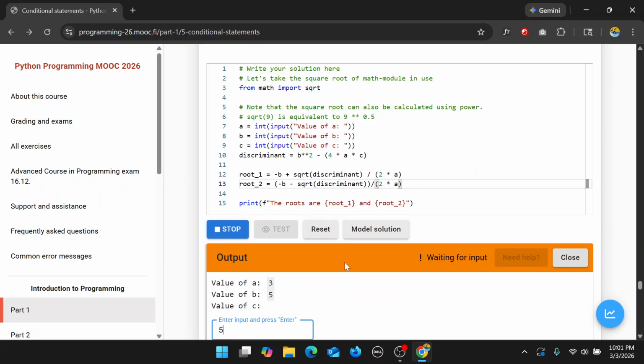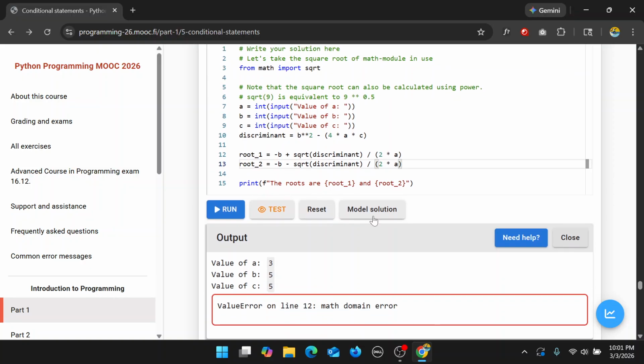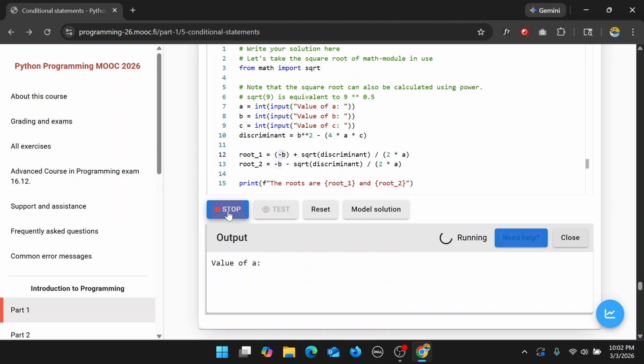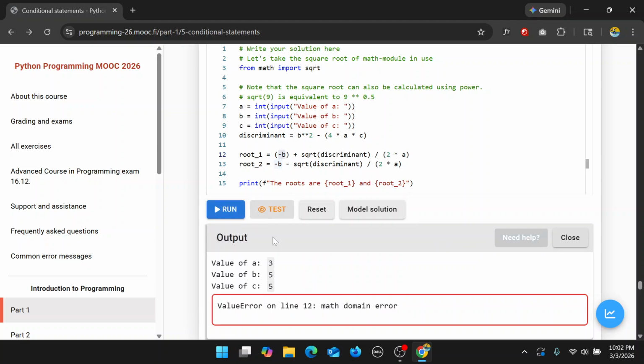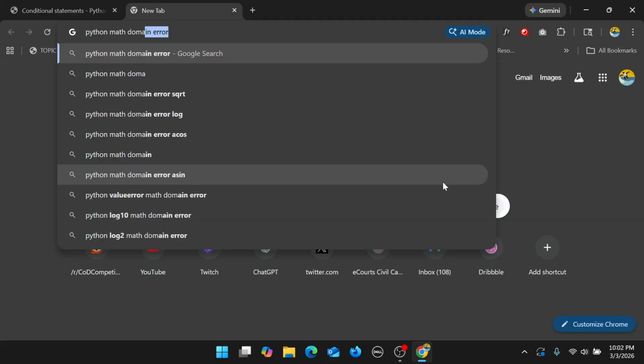So 3, 5, 5. Still getting an error. Maybe I should do this. 3, 5, 5. Python math domain error.